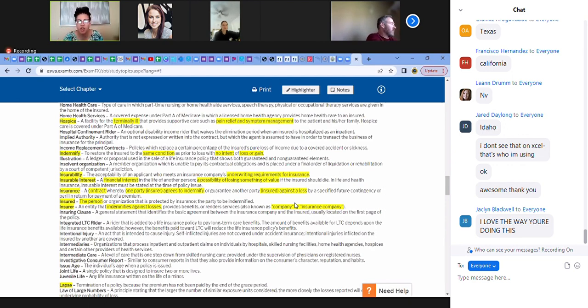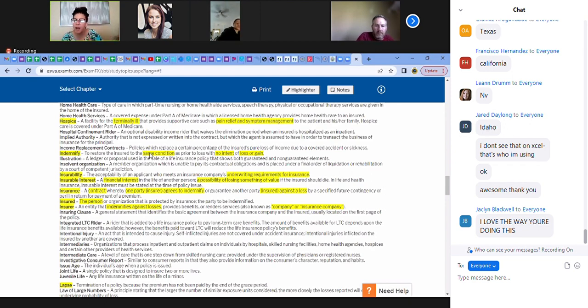What does the insurer do? They indemnify against a loss. What is indemnify? What is the role of the insurance company? Well, here's indemnify. Indemnify will bring the client back to the same condition they were in before the loss. So, same condition, or the word whole again.